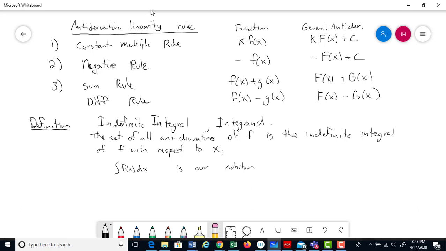Now this symbol right here looks like a stretched out S, and there is a reason for it. It technically represents a sum, and we'll see that in chapter 5.1 and 5.2. So this symbol right here is the integral sign.